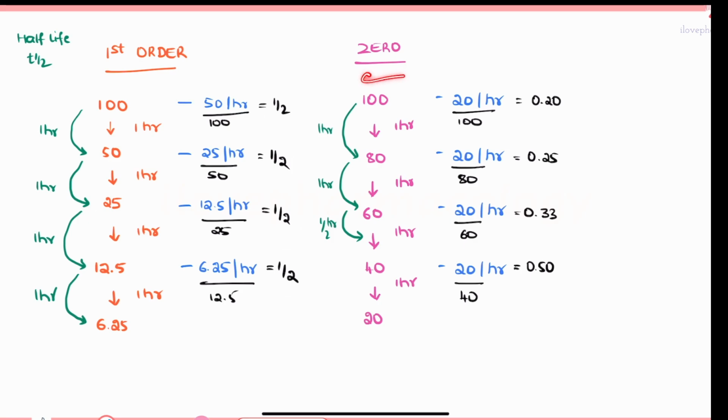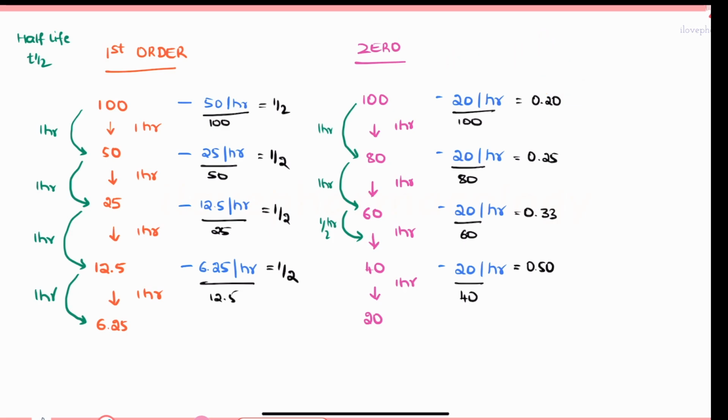Whereas when it comes to zero order kinetics, you can see here, this is the rate of elimination and this is the plasma concentration. Although the rate of elimination remains constant, the clearance is inversely proportional to the plasma concentration. As the plasma concentration increases, the clearance will decrease.